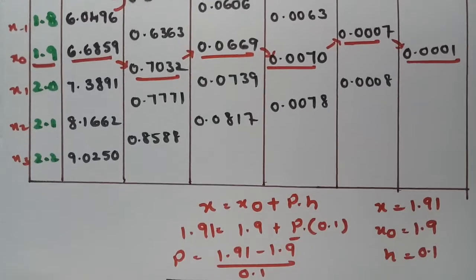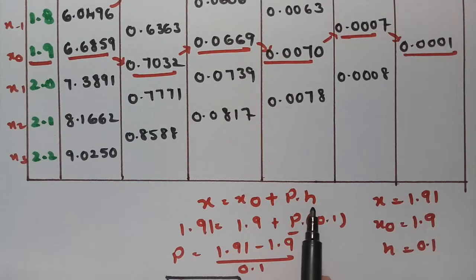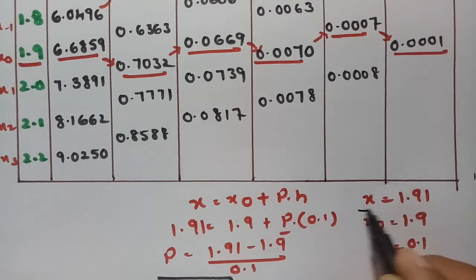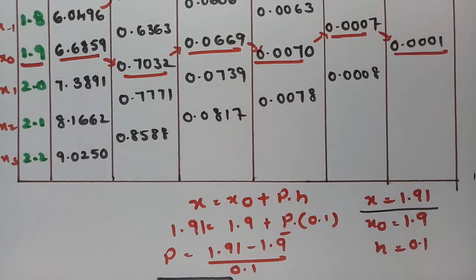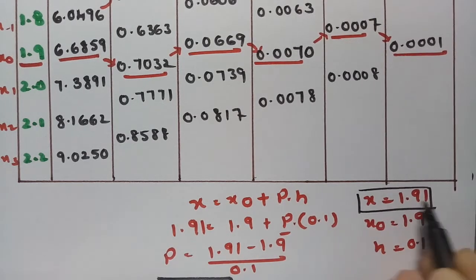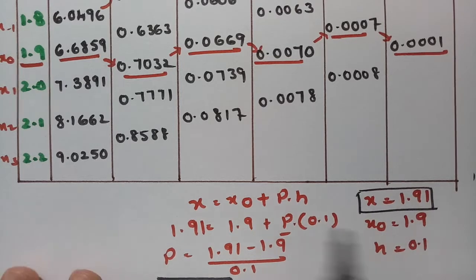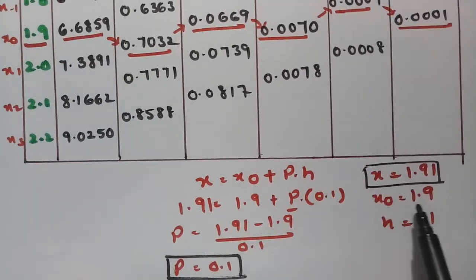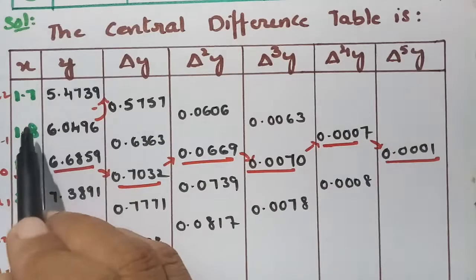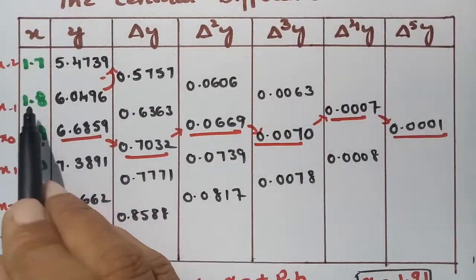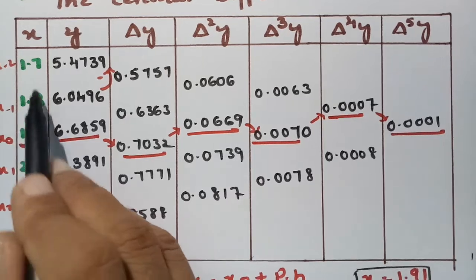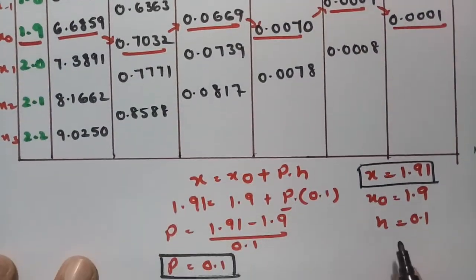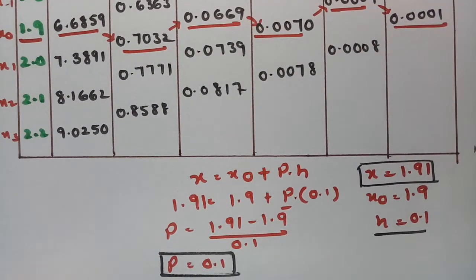We have another formula here: x is equal to x0 plus p into h. The x value is 1.91, the value to be calculated, and x0 is the nearest value, which I have chosen as 1.9. And h is the difference between consecutive values: 1.8 minus 1.7 gives h as 0.1.